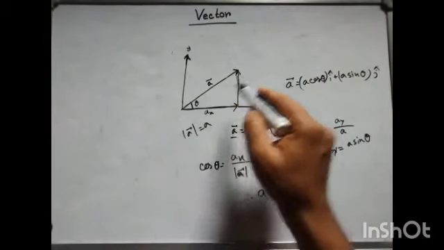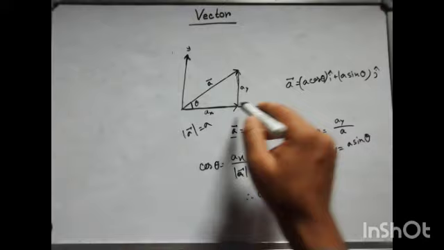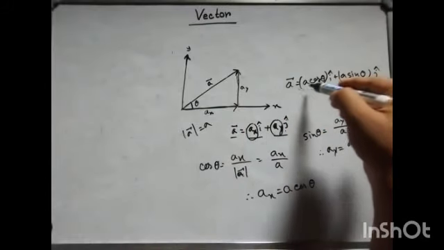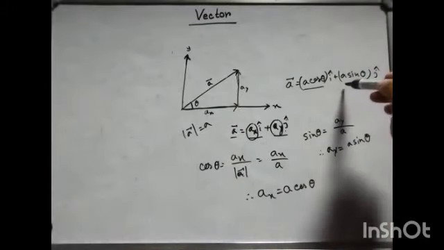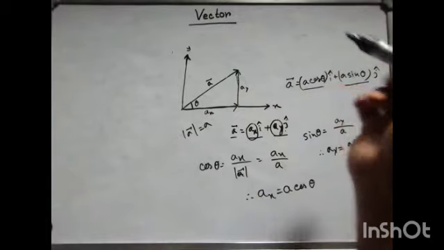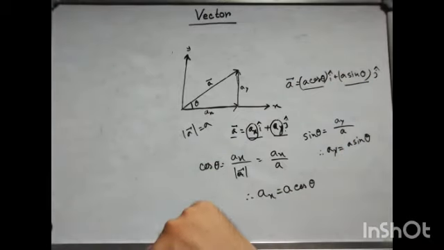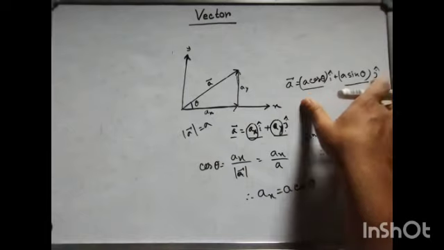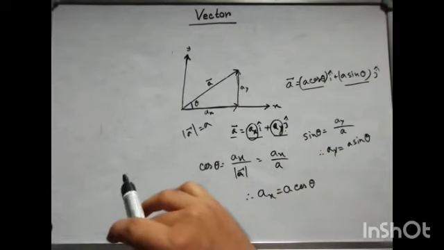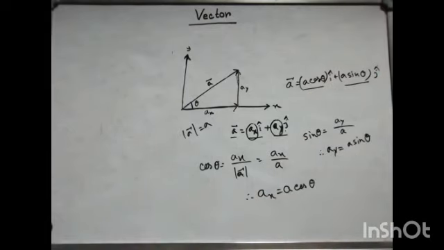It can be any vector. If it makes angle theta with the x-axis, then that will be a cos theta i cap plus a sin theta j cap. Okay, so with this concept we can add many vectors. We'll see that.